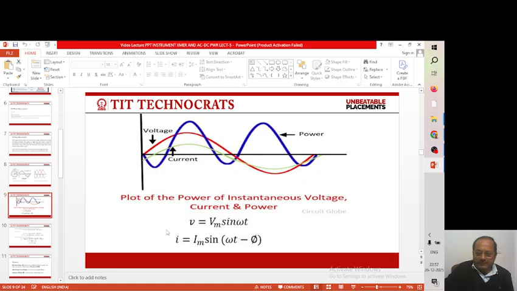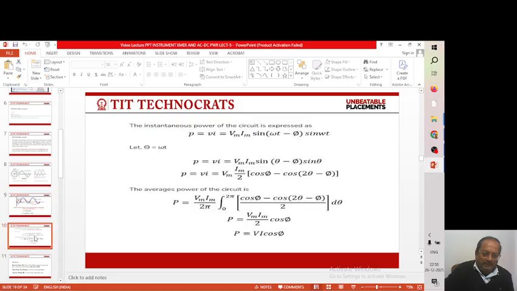We can calculate this power by taking the average value formula and integrating it. This is our equation that we have seen on the last page.